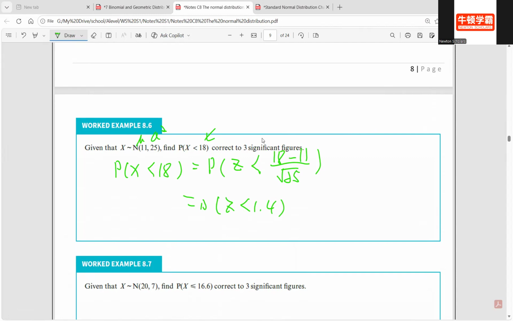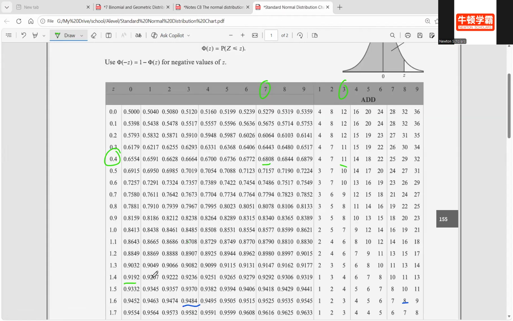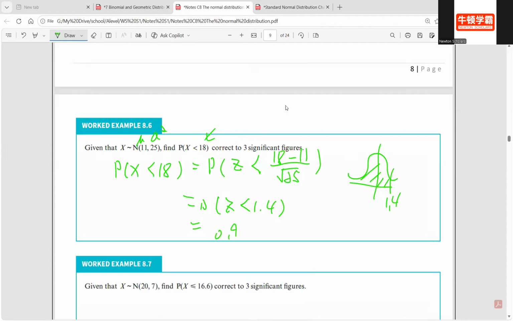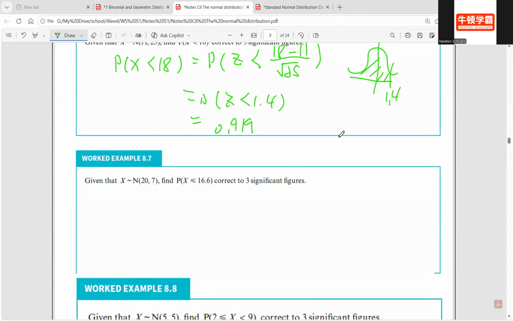That is less than 1.4, this side, so I can straight away find it from my table at 1.4, which is 0.9192. So the answer is 0.9192. The 2 is not needed because of 3 significant figures.